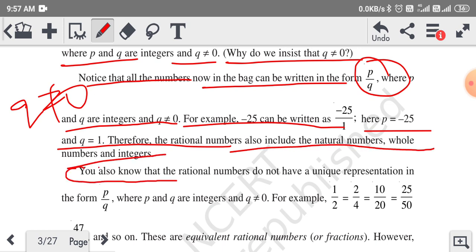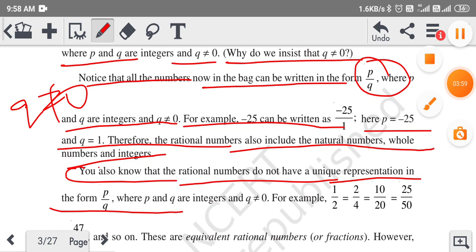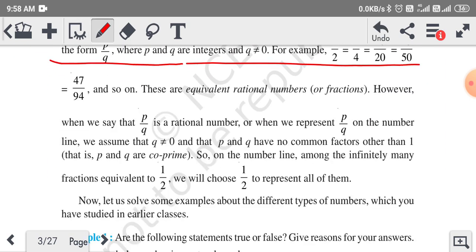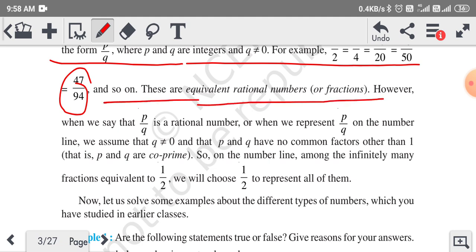You also know that the rational numbers do not have a unique representation in the form p upon q, where p and q are integers and q is not equal to 0. For example, 1 by 2 is equal to 2 by 4 is equal to 10 by 20 is equal to 25 by 50 is equal to 47 by 94 and so on. These are equivalent rational numbers or fractions.